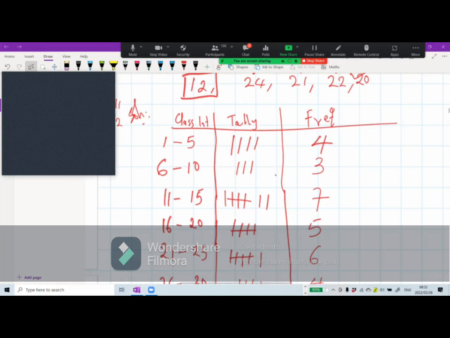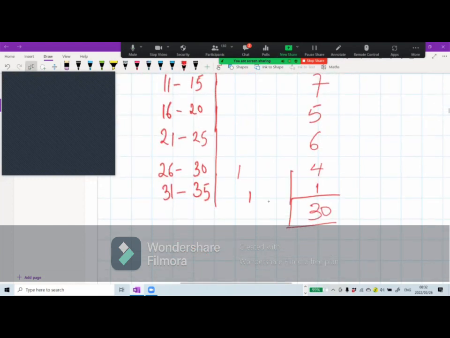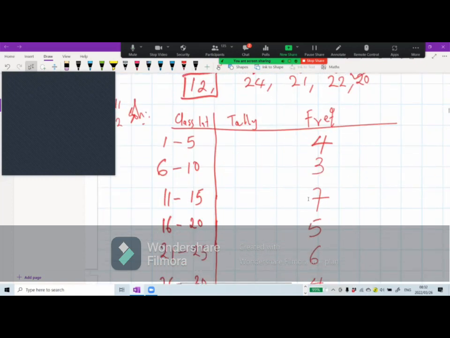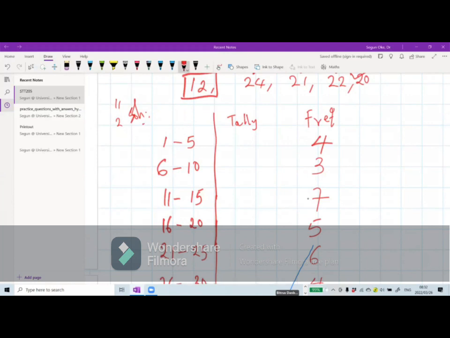So we have the class limit. Let me change this. I don't need the tally now. I believe every one of us has an idea of what a tally looks like. You don't need to write the tally again, please. I call this one class limit.